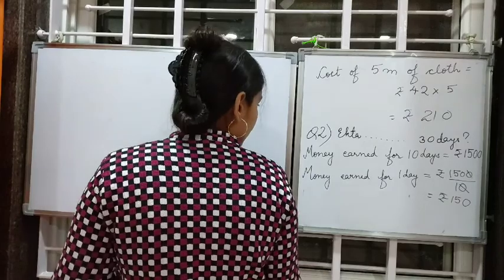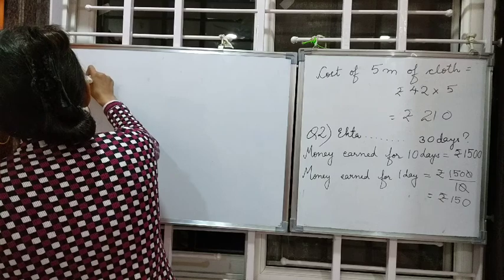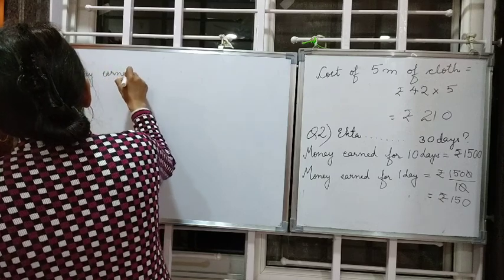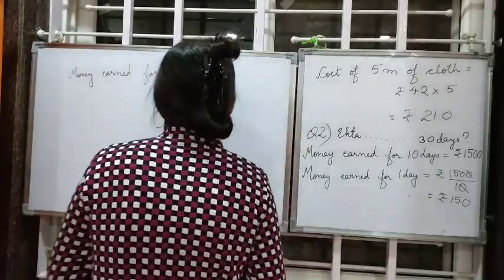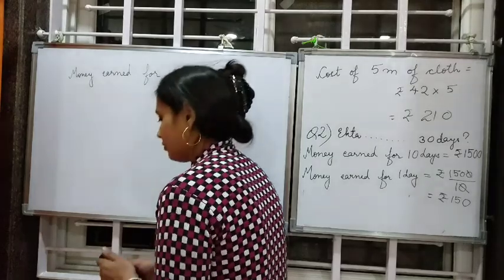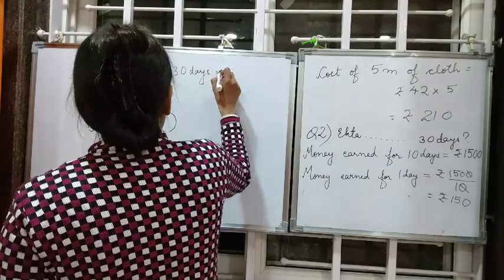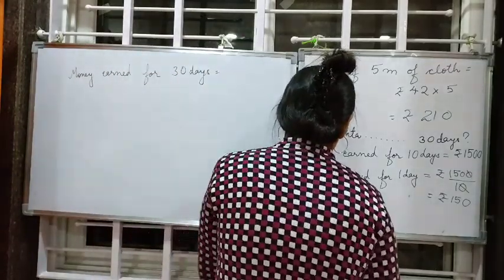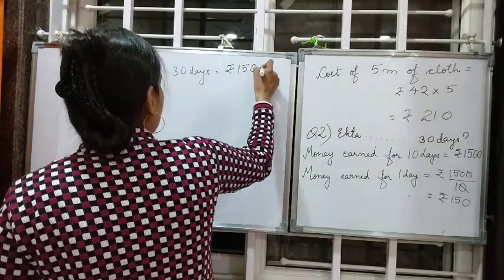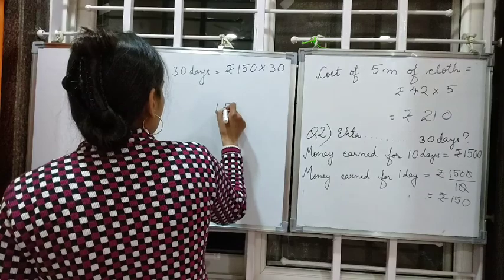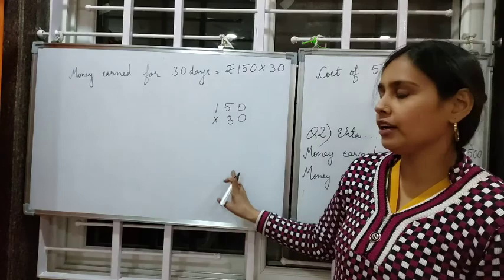So now we'll write money earned for 30 days. That is rupees 150 multiplied by 30. Children, we can only do 15 multiplied by 3.